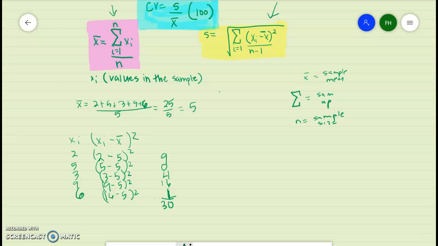Now we're going to always take this number and we're going to divide it by n minus 1. Now we know n, remember our sample size, n is 5. So our sample size is 5, so we're going to do 30 divided by 5, which is 6.